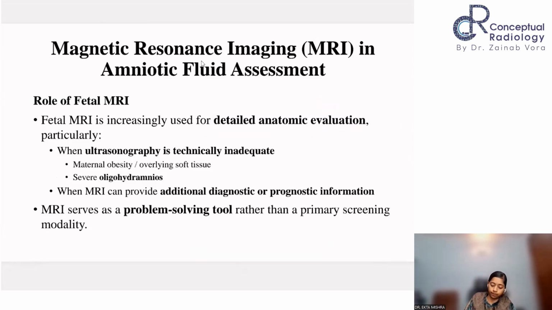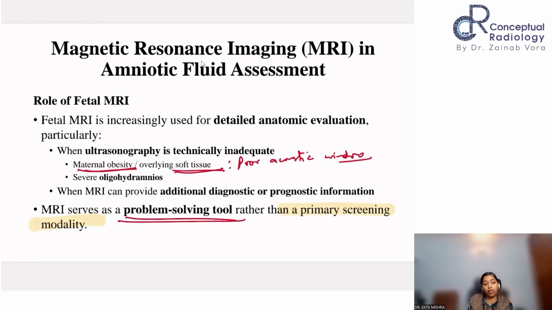First and foremost, if the mother is very obese, with a lot of soft tissue leading to poor acoustic window, then you can justify an MRI. Or if there is severely decreased liquor, again leading to poor acoustic window, MRI can be used. It's a problem-solving tool rather than a primary screening modality. Remember that always.